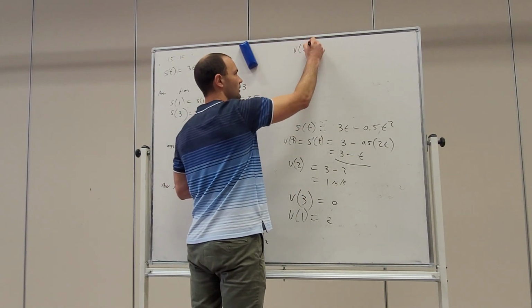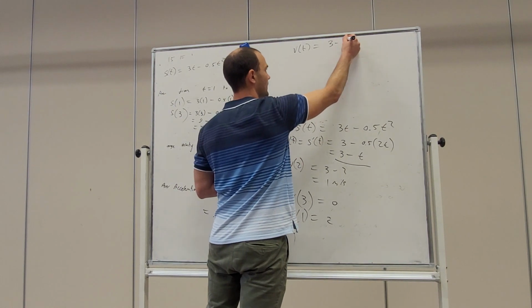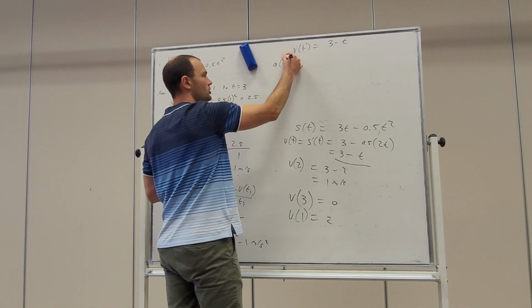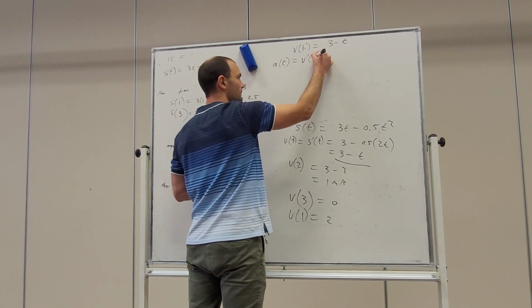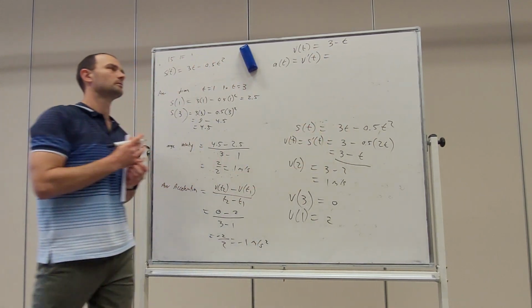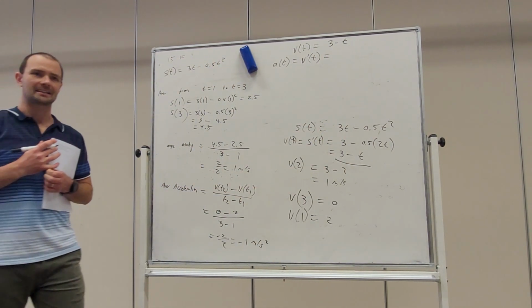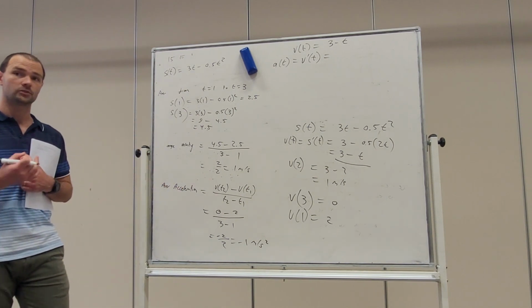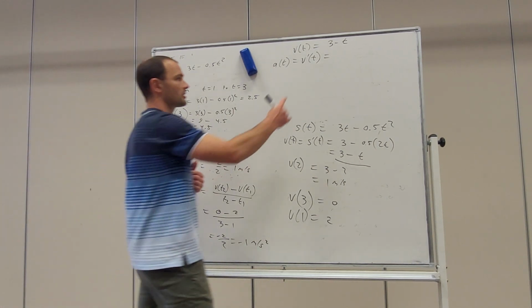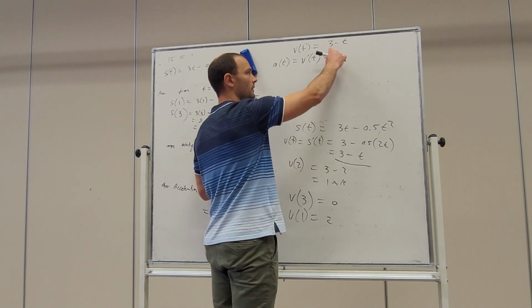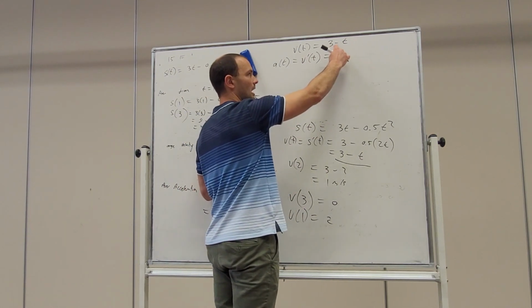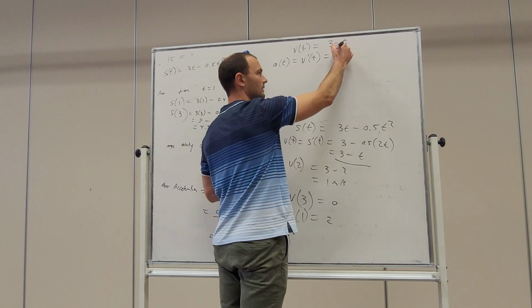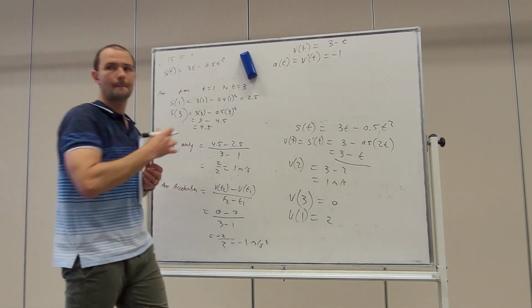If this is our velocity function, 3 take away t, the acceleration function is the derivative of the velocity function. Acceleration is rate of change of velocity. Velocity is rate of change of displacement. So we're just going to differentiate this again. The derivative of 3 is 0, and the derivative of minus t is -1.